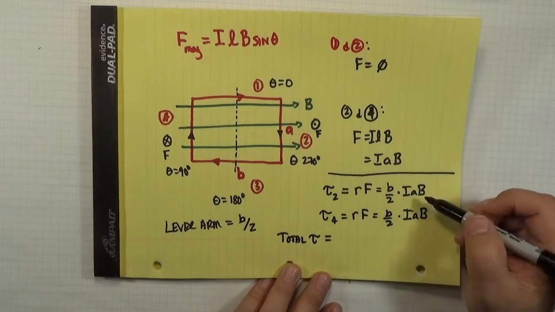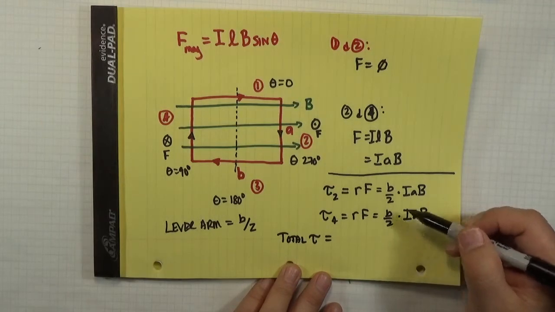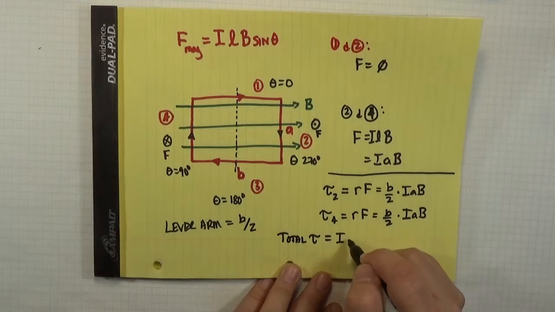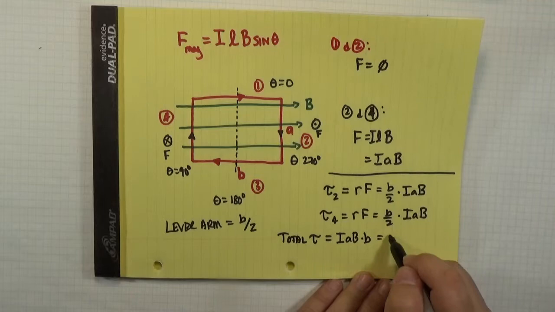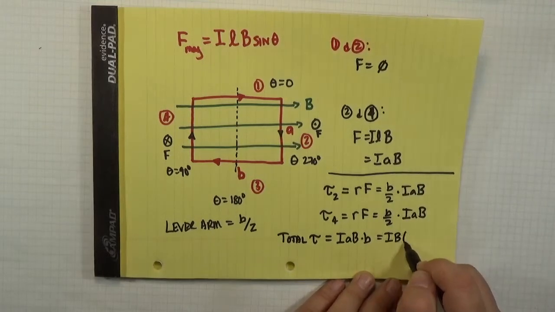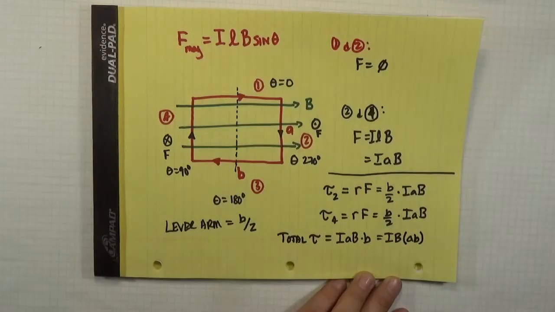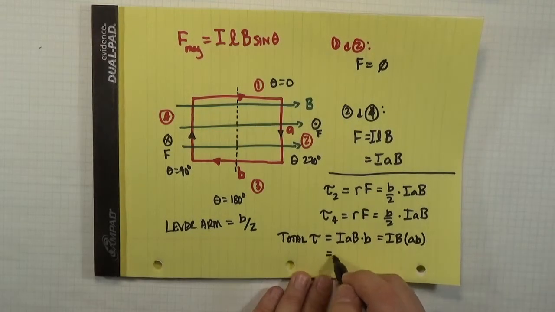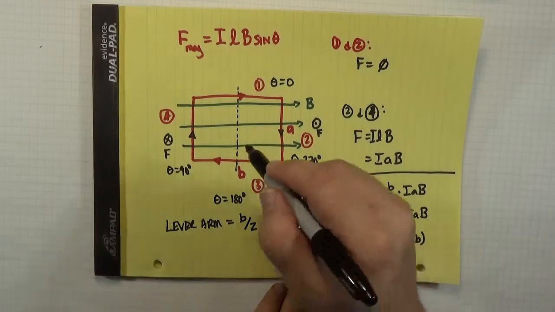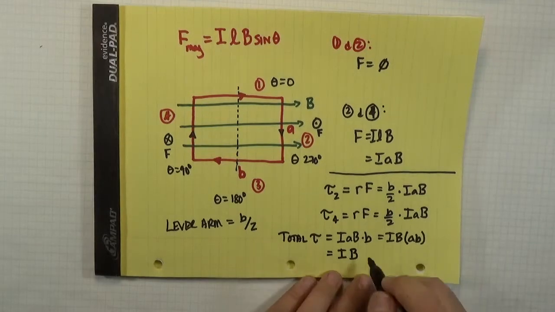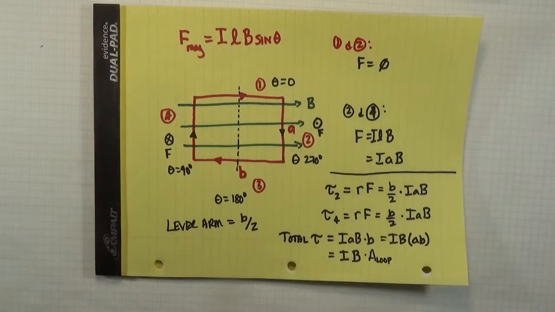So it's IAB times B over 2 plus IAB times B over 2, or it's IAB times B. And if I regroup that, I get IB times AB, but AB is just the area of that loop. So this is I, the current flowing around the loop, B, the magnitude of the magnetic field that it's immersed in, times the area of the loop.